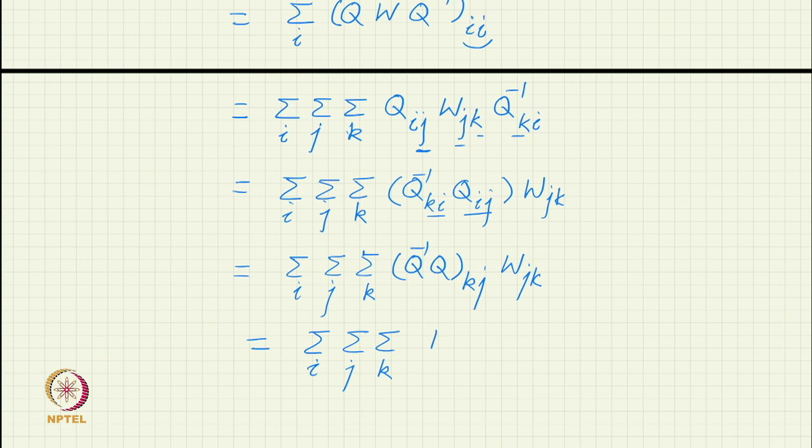And this, as you said, becomes the identity matrix delta Kj, W Jk.